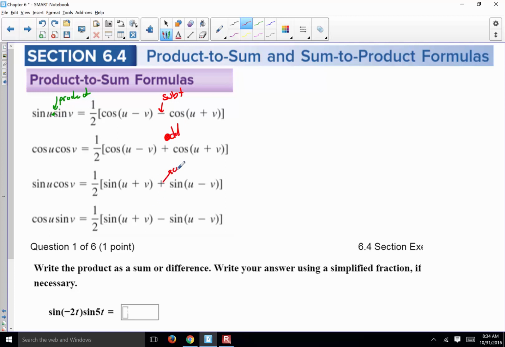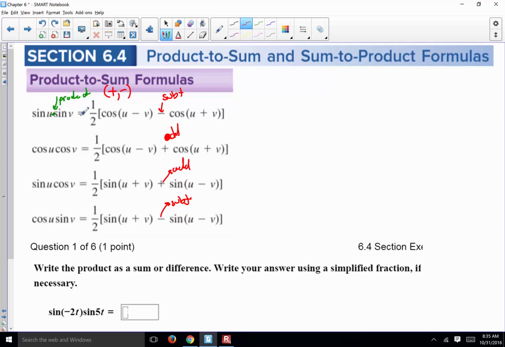Okay, addition. So we either change it into subtraction. It says product to sum, and most people think, oh, this has to be plus all the time. No, when we say sum, we mean plus and minus together. Subtraction is also considered a sum. Okay. So how do we change a multiplication into plus or minus between sines and cosines? There are 4 formulas here.